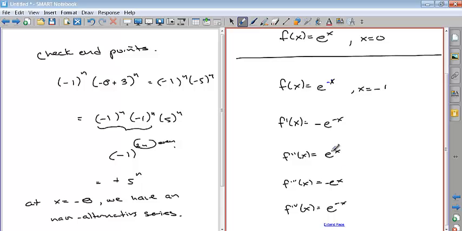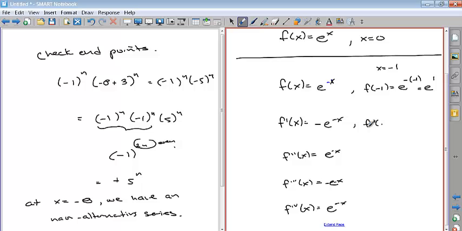I forgot the negative signs in here. So you start with e to the -x, you get negative e to the -x, then you get positive e to the -x, negative e to the -x. Okay, and we're going to evaluate all these at -1. So f of -1 would be e to the negative of -1, which would be e to the first power.